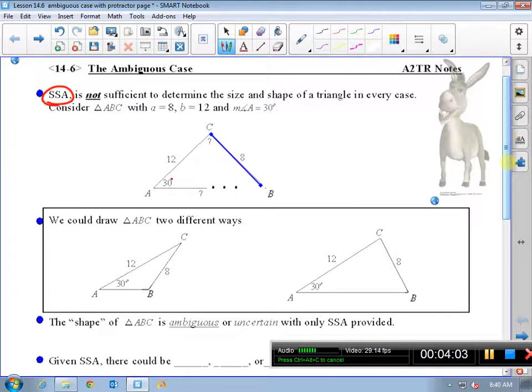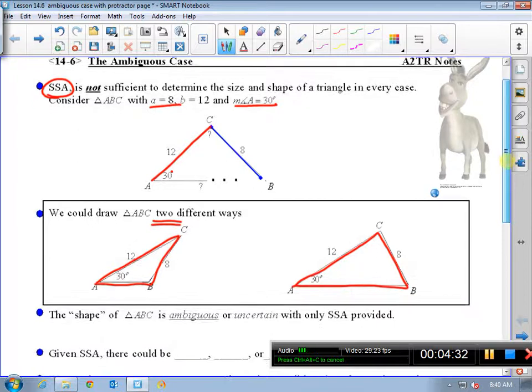If I had a 30-degree angle, the measure of angle A, and the side across from it was 8, and the side between them was 12, you can see, here we go again, this smaller triangle, or this obtuse triangle, has the same measurements as this scalene triangle, and they are not congruent. So there's two ways to draw that triangle.